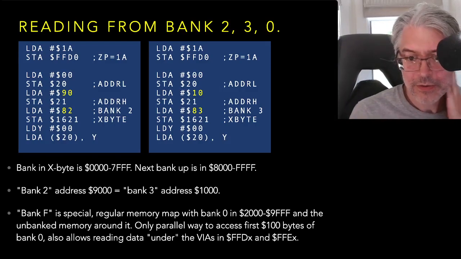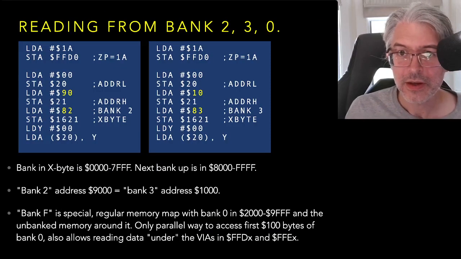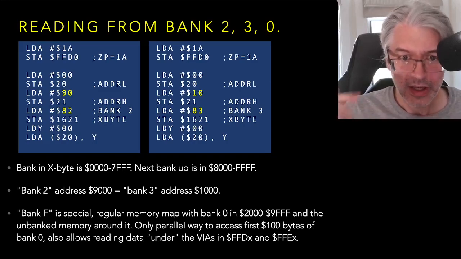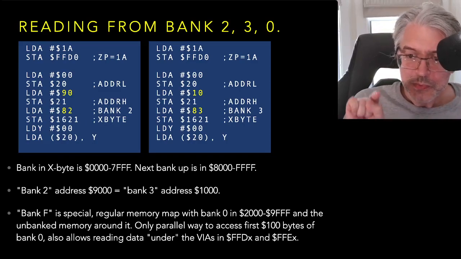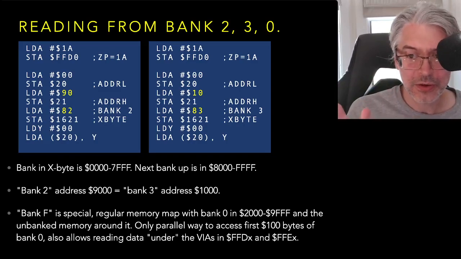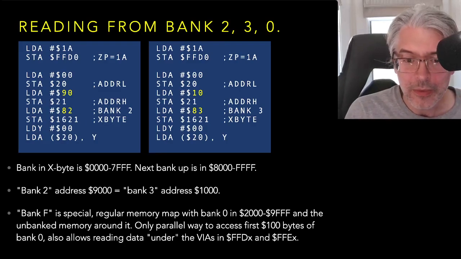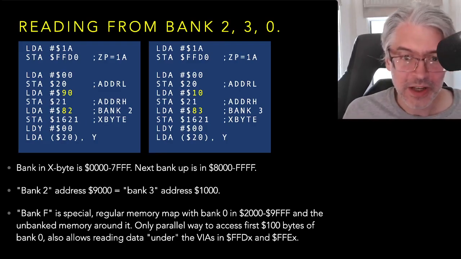If you put 8F in the X byte, then instead of doing any of this bank stuff, it'll put bank 0 in the regular place, 2000 to 9FFF, and then have all the regular unbanked memory around that.